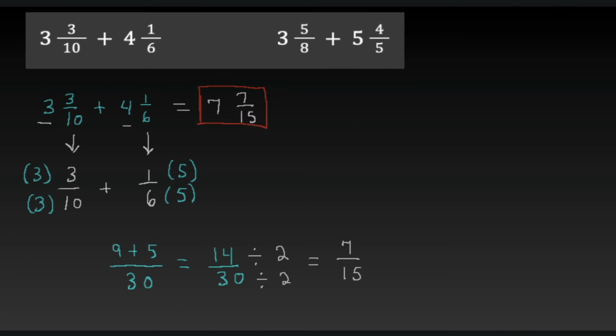So let's go over the final problem here. So let's rewrite it. We have 3 5/8 plus 5 4/5. Again, adding the whole numbers together and setting them off to the side. That's what we're doing. 3 plus 5 is 8. And then let's go ahead and set up our fractions. So we have 5/8 plus 4/5.